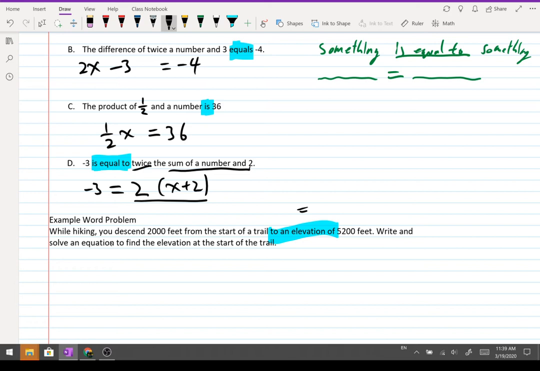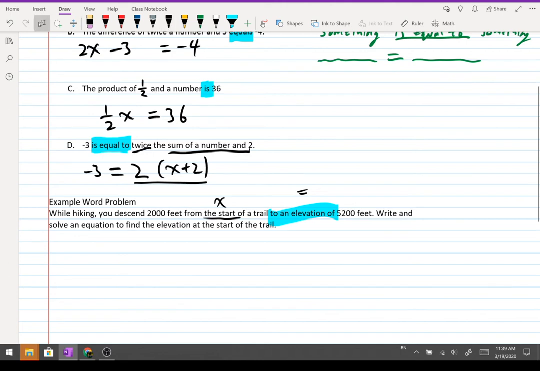So the start is going to be x, our unknown elevation. And then we descended 2,000 feet. And so if we want to write an equation, this is going to be x minus 2,000 feet. So the starting elevation minus 2,000 feet, because you descended 2,000 feet, is equal to 5,200 feet.